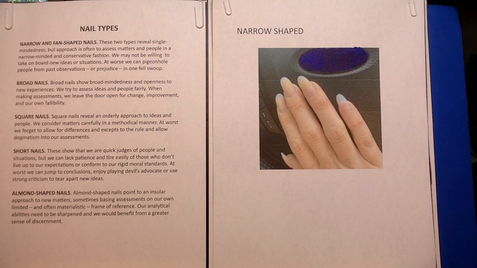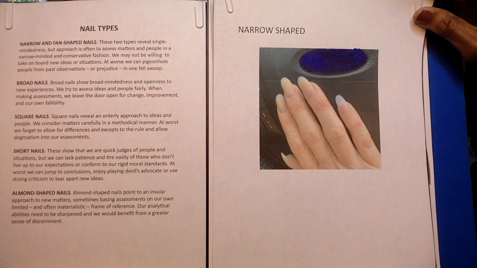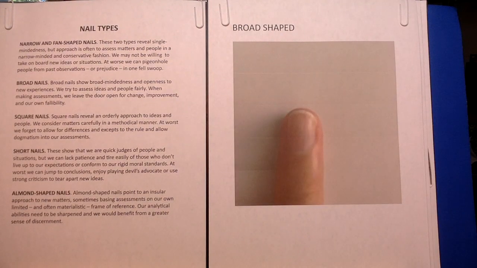At worst, we can pigeonhole people from past observations or prejudice in one fell swoop. So those are the characteristics. We're not into the medical significance as we were with the last two videos. We're just talking about characteristics of the finger shape. Okay, so that's narrow. Let's leave narrow and go on to the next one, which is broad.